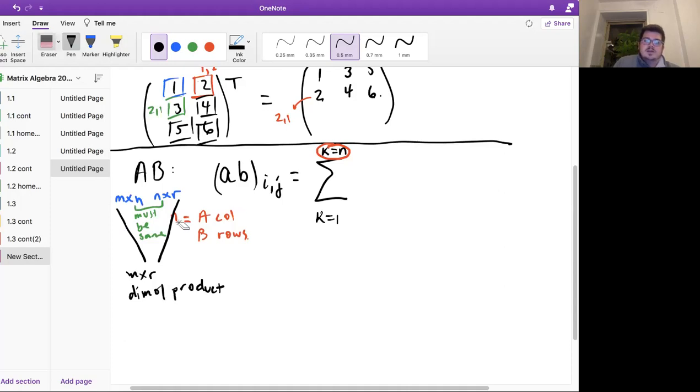Okay, a little reminder. And what you're summing over, k equals 1 to n, is precisely these equal dimensions.